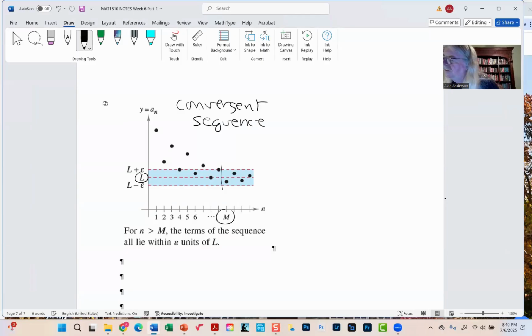And the limit, oh, I'm sorry, they're using n's here.